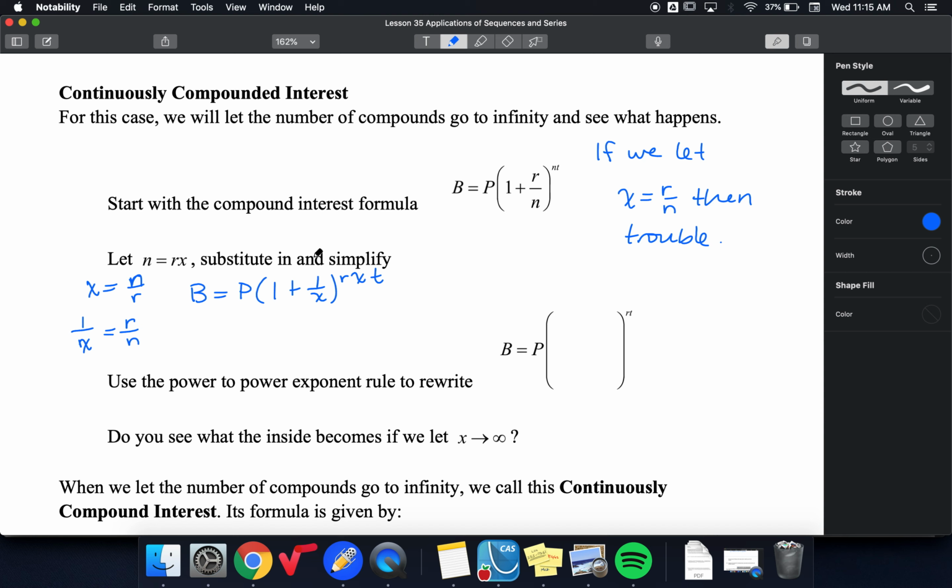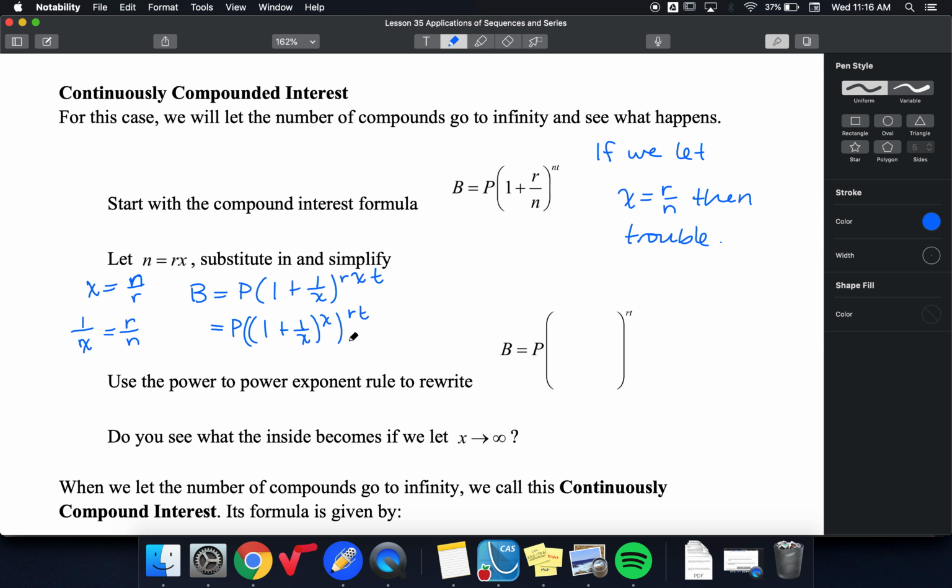If I rearrange this to be in this form, well, I just want r to the t on the outside, which means on the inside, I'll have p times 1 plus 1 over x to the x, and all of that to the rt.